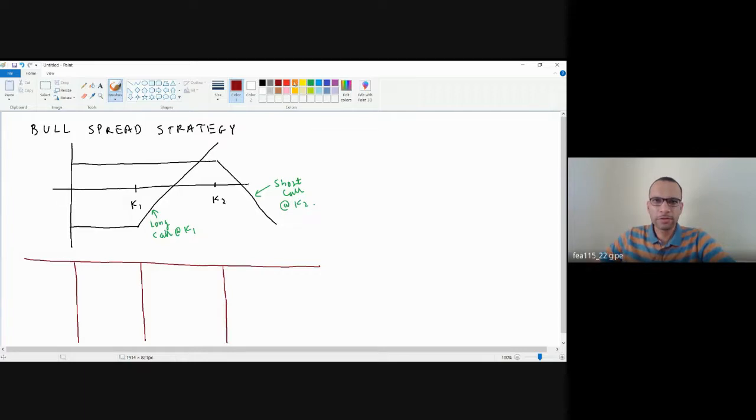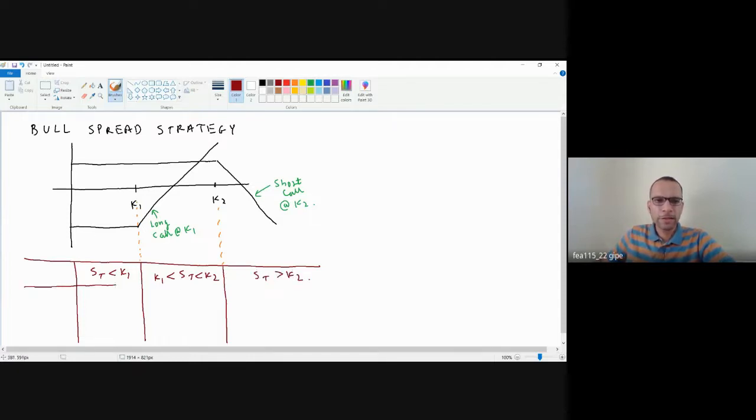If I draw a dotted line here, this one and this one, just to relate the diagram with the table below. Again we'll take European options to keep things simple. So ST being less than K1, ST being between K1 and K2, and ST being greater than K2.